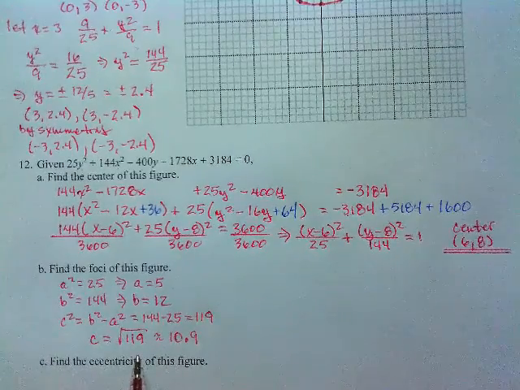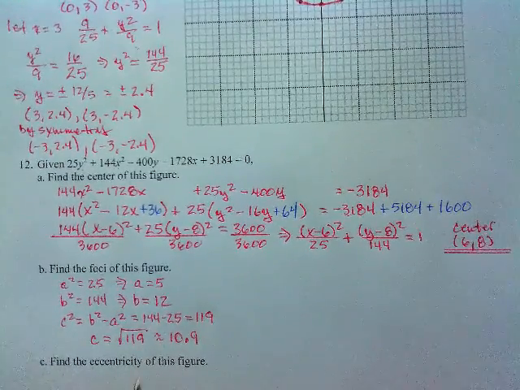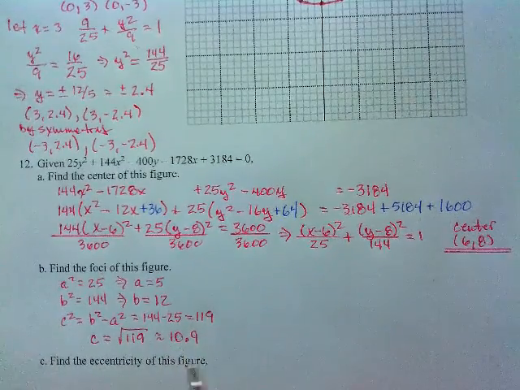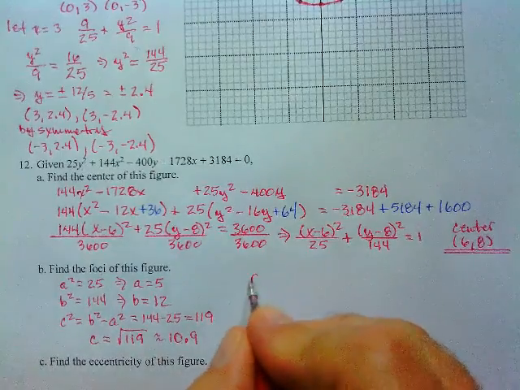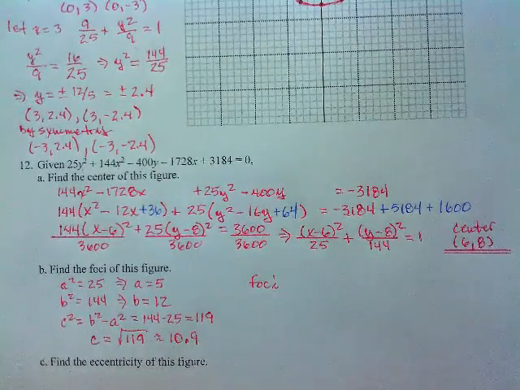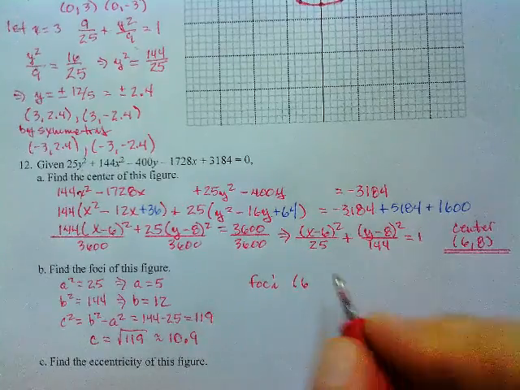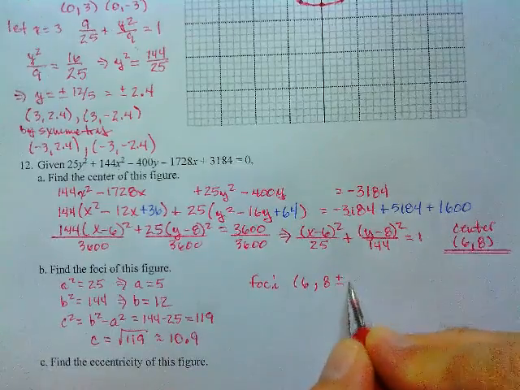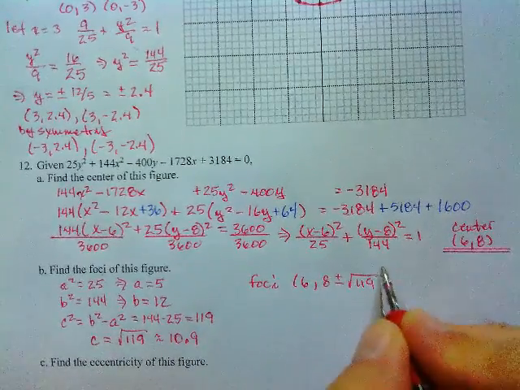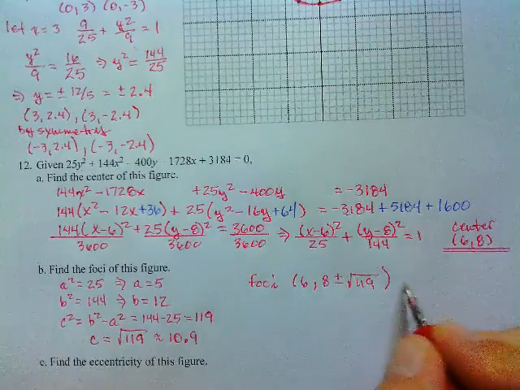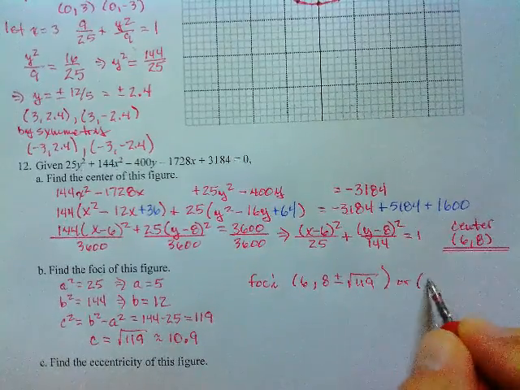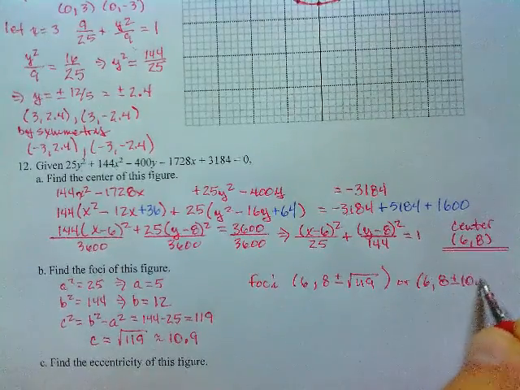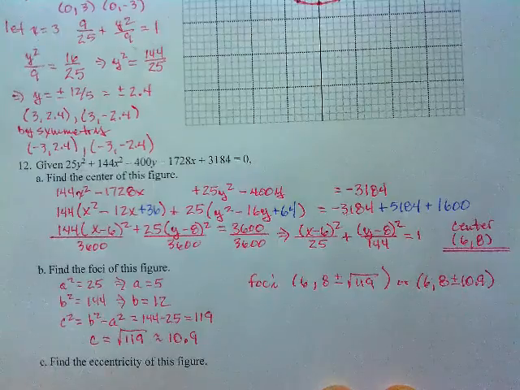So both above and below the center, the 6, 8, we're going to have our foci. So our foci will be 6 and then 8 plus or minus the square root of 119, or, and this is okay too, 6 and then 8 plus or minus the 10.9 if we wanted to graph them.